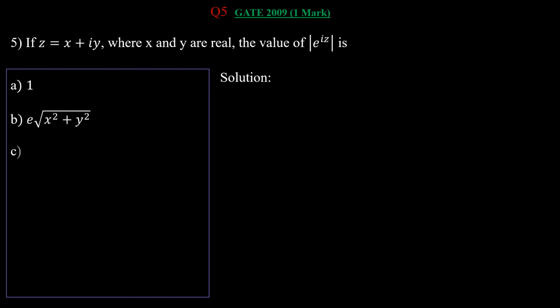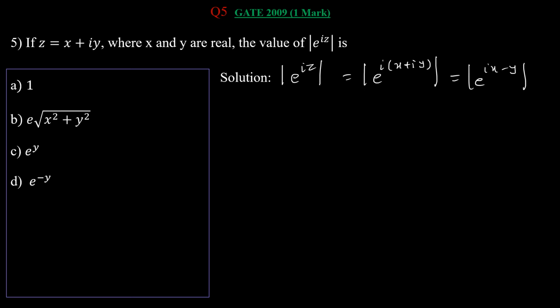So another way we can write here. We are asked to find the value of mod of e to the power iz. So that can be written as mod of e to the power i(x plus iy). So it will be what? E to the power ix minus y that we can write.